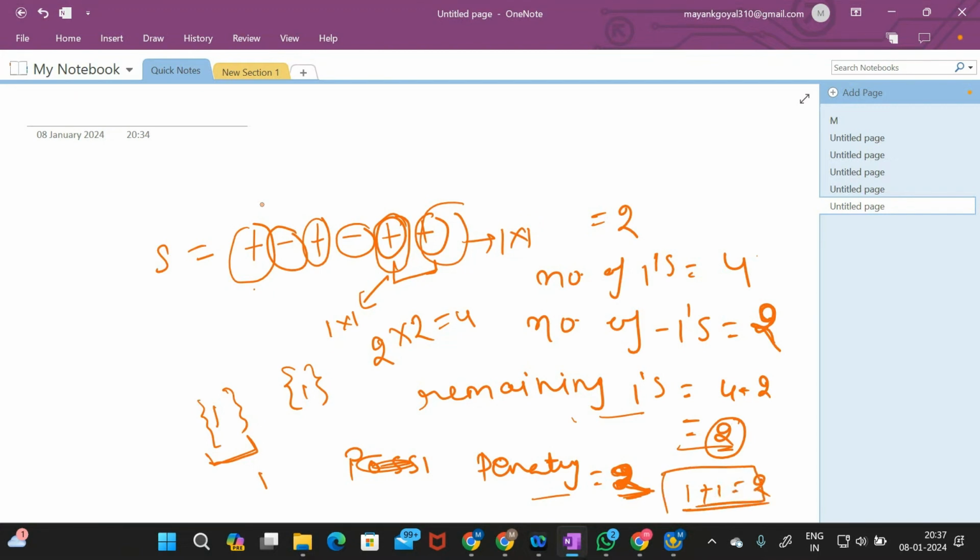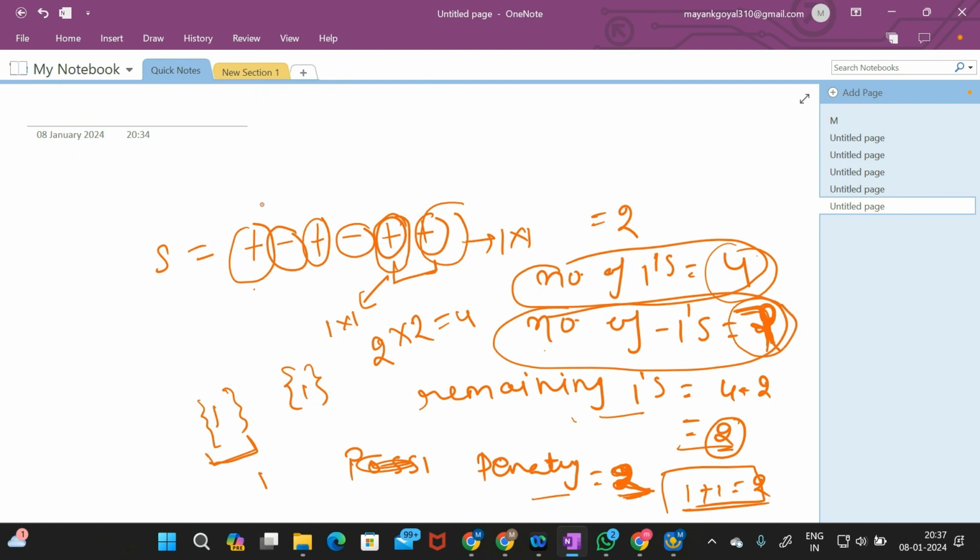So basically, our answer is: first we count the number of ones and then count the number of minus ones. In another example, if the number of minus ones is 7, then 4 ones cancel out 4 minus ones and the remaining minus 1 is 3, so our total penalty is 3.